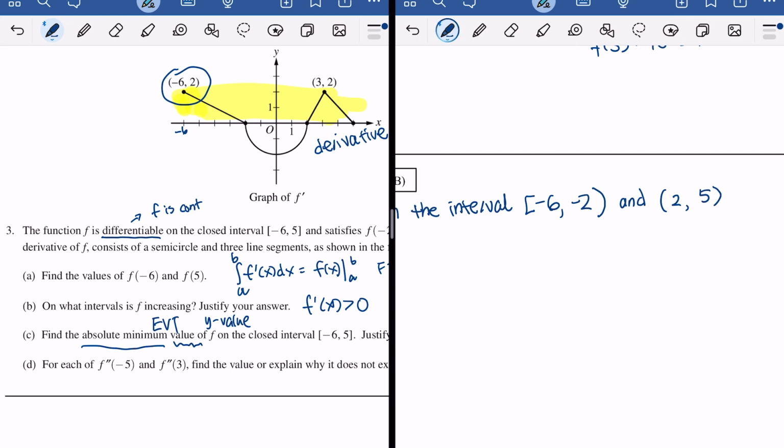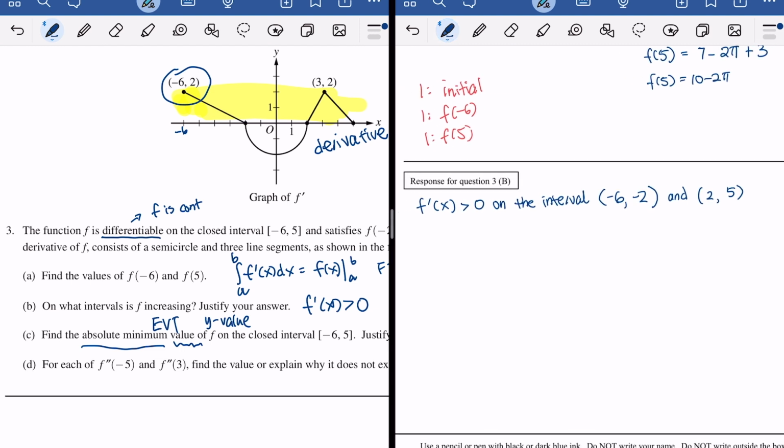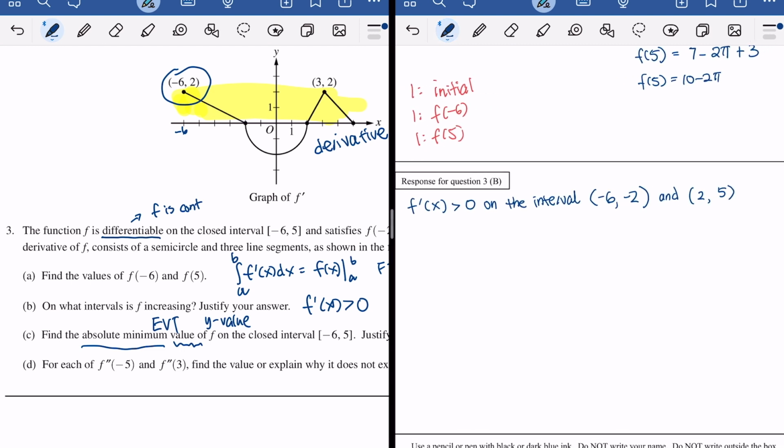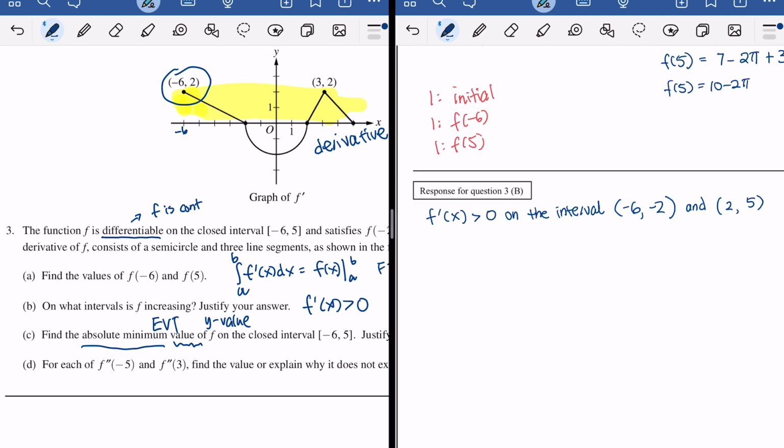Now, if for some reason you wrote both as open, it is also counted correctly. So if you're not so sure, I will recommend you to use open intervals for this kind of justification because it is a correct statement. The inclusion of the endpoints or not are accepted. So therefore, f is increasing.